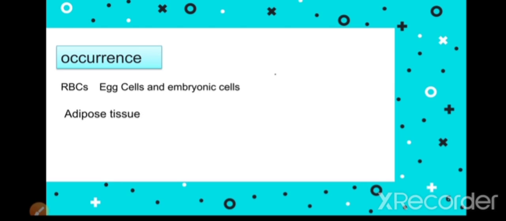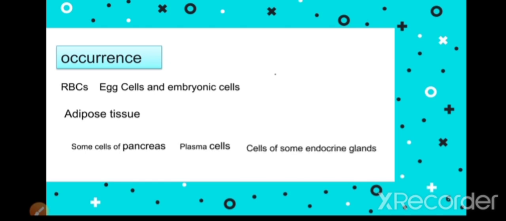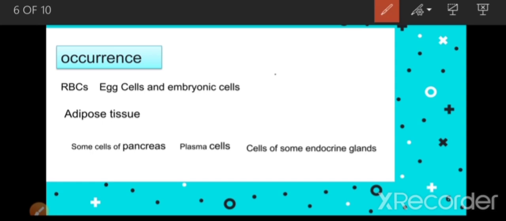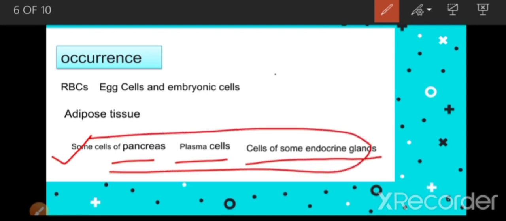On the other side, a few cells like the cells of adipose tissue contain only the smooth endoplasmic reticulum. And some of the cells which are involved in protein synthesis, like some cells of pancreas, plasma cells, and cells of some endocrine glands, have a highly developed rough endoplasmic reticulum, because these cells are involved in protein synthesis.